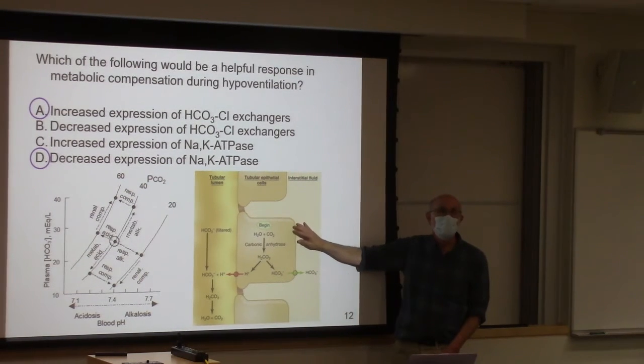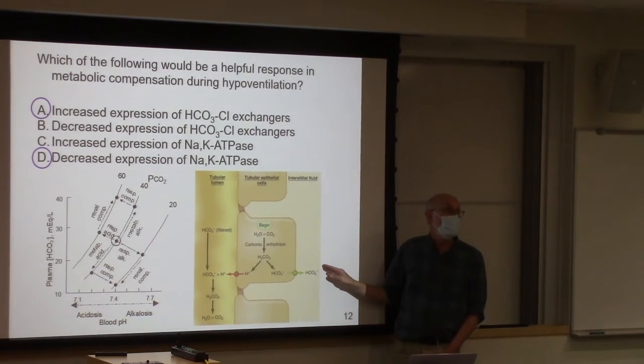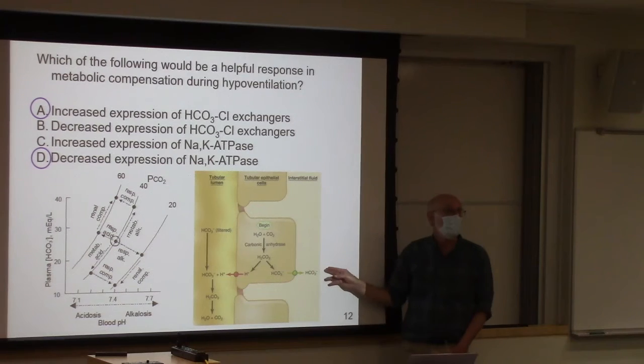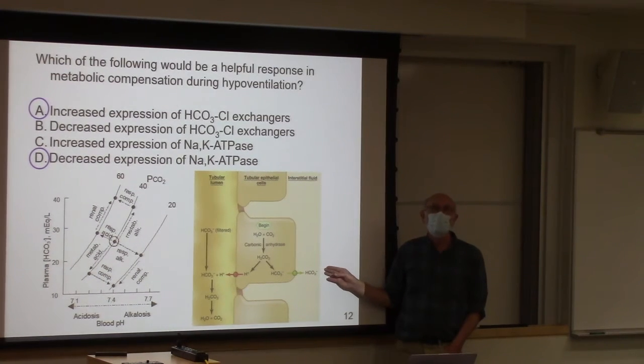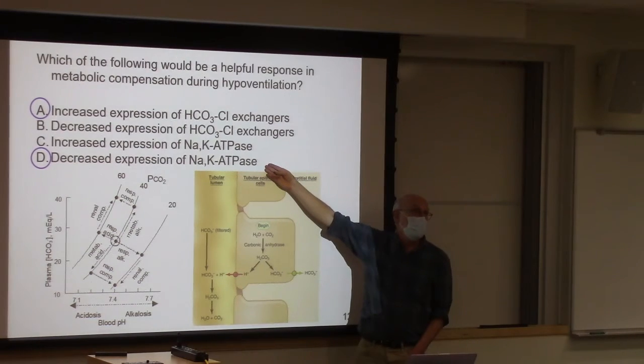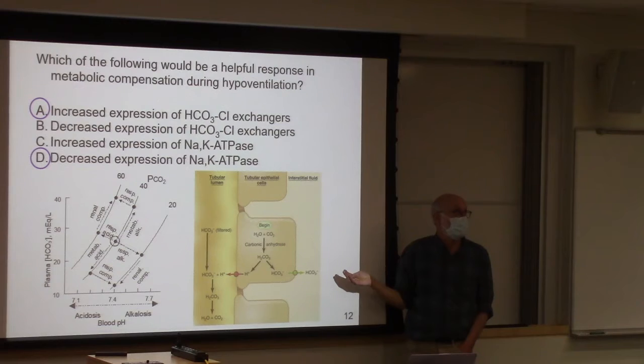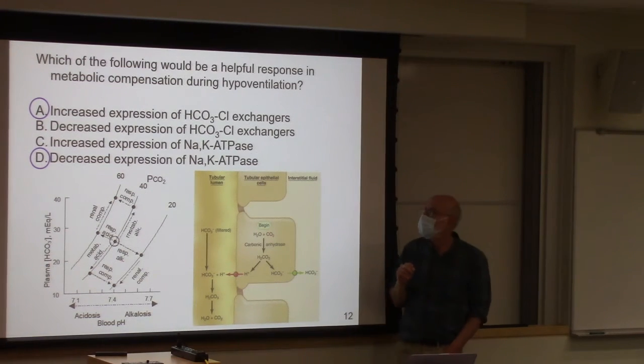If we increase expression of the sodium potassium ATPase, we're going to make that gradient steeper, and that's going to inhibit sodium bicarbonate co-transport. But if we inhibit the expression of the sodium potassium ATPase, we're going to make that gradient less steep, which will allow more sodium bicarbonate co-transport. That's the idea that you should think of.